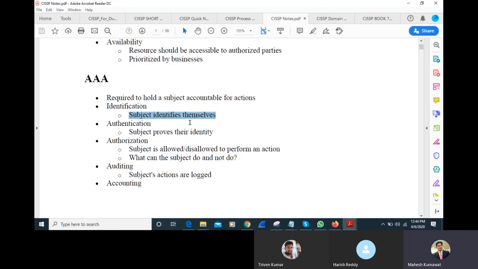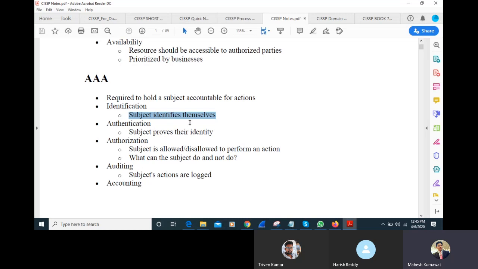Suppose I'm creating usernames in Active Directory on the domain controller, or creating usernames in Linux, or creating users in the Windows server environment. This is centralized management of the users, and it is called identification.